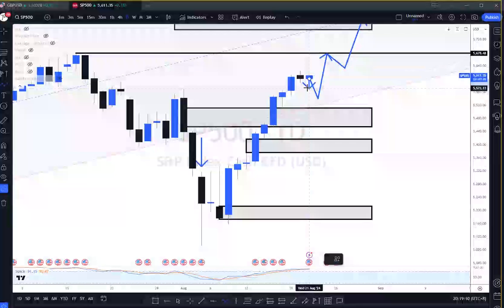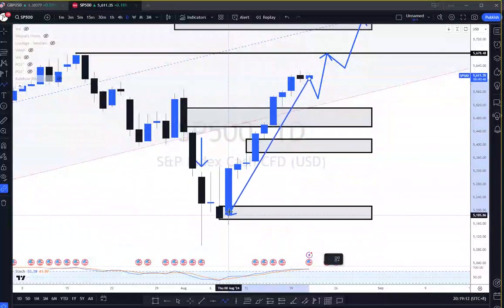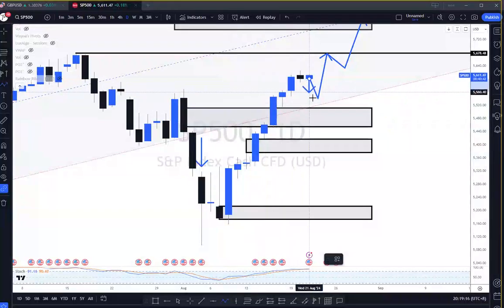So if you're a seller from here or you're a seller from here, and price gets back into this area and you have been holding for 5 days, right? The likelihood is that you get out of this position and reevaluate, right? You do not want to take on that risk for an additional few more weeks. So by taking that sell position out, you're actually buying in the market, right?